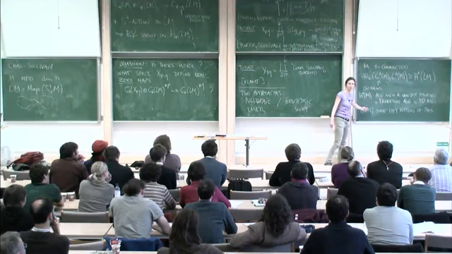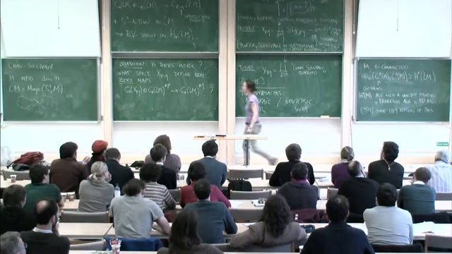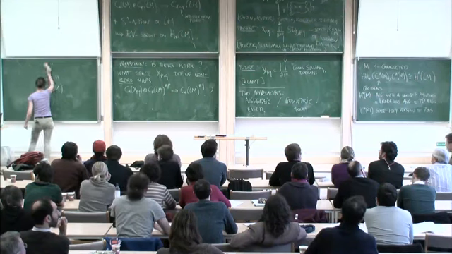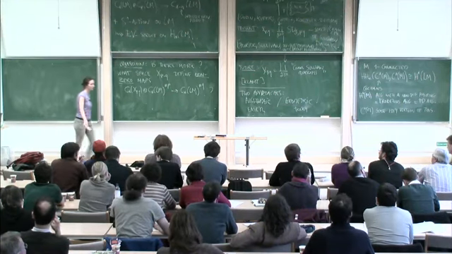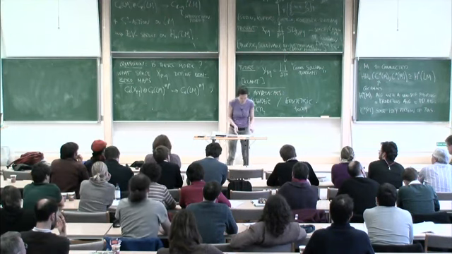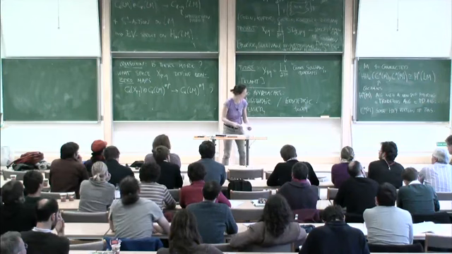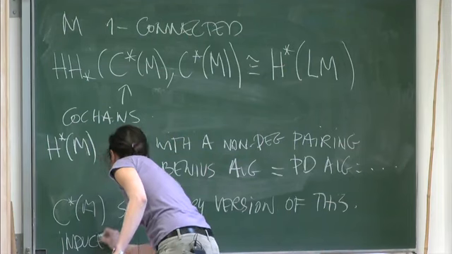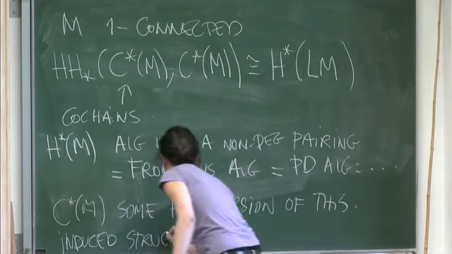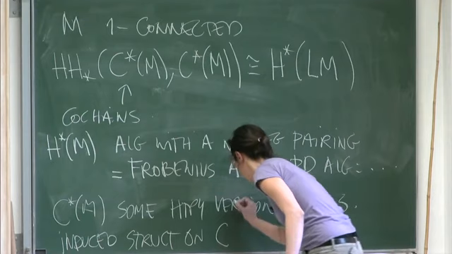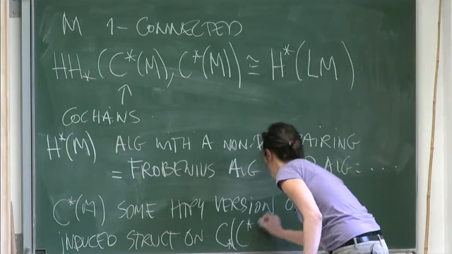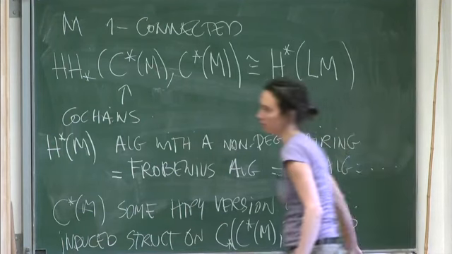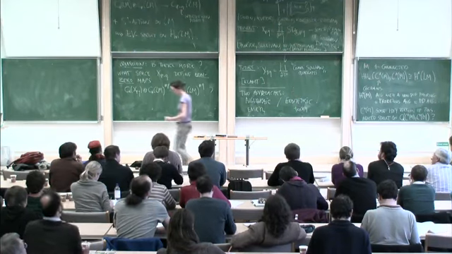But we would like to use this extra information to produce more operations. So I mean, you want an induced structure on the Hochschild chains of the cochains of the manifold. So here's a tool you may use.